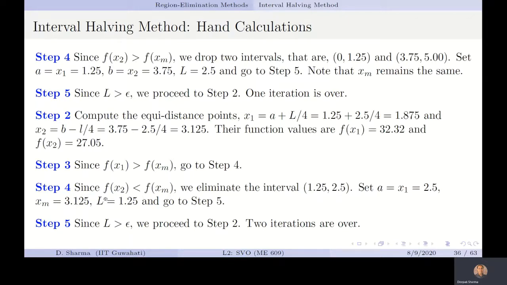Now we have to calculate L. A is changed, B will remain the same, which is 3.125. You can see on the top, 3.75 minus 2.5 will give me the updated value of L, which is 1.25. And we go to step 5. Since again the L value is greater than epsilon, we proceed to step 2. That completes the 2 iterations.